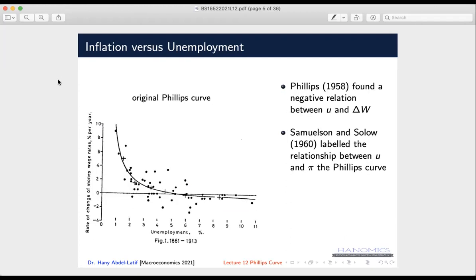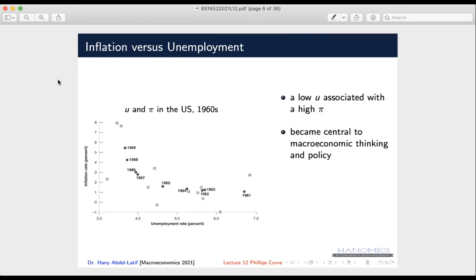So the original paper was to do with the UK, and then the same thing seems to appear in data from the US as well. So at that point in the 1960s, the Phillips curve became a very important part of macroeconomic thinking and policy, because this was found in the data.